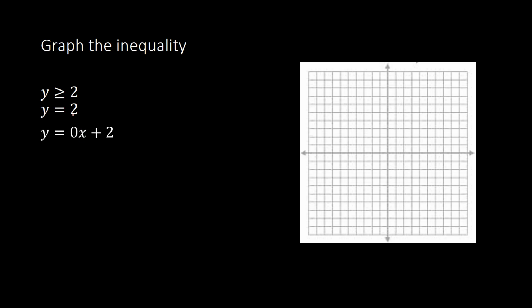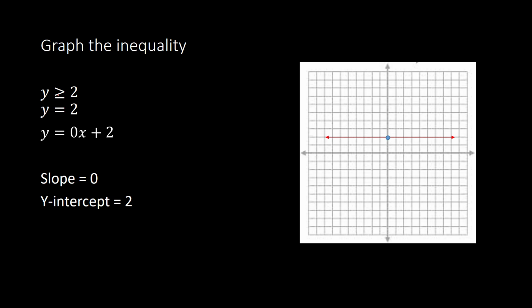It's an assumed 0 because there is no x written. And what we have here is the slope is going to be 0, and the y-intercept would be 2. So when you graph this, you're going to go up 2 to the y-intercept, and the slope is 0, meaning it's going to be a horizontal line.